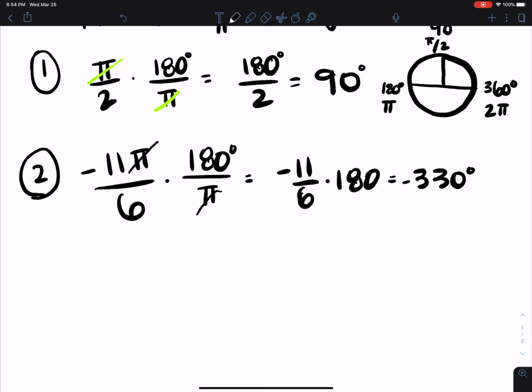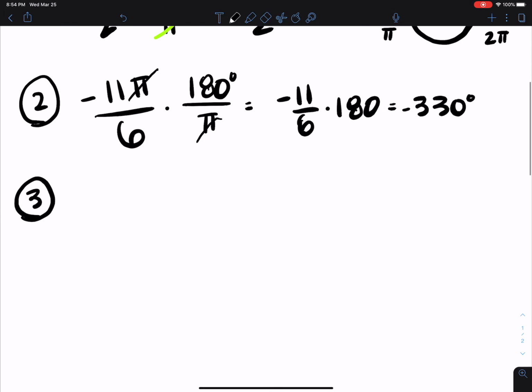Okay, our next one, and this is our last example for converting radians to degrees, is -3 pi fourths. If you want to pause this and try this example and see if you can get the right answer, that'd be great. So what we do is we multiply by 180 degrees divided by pi.